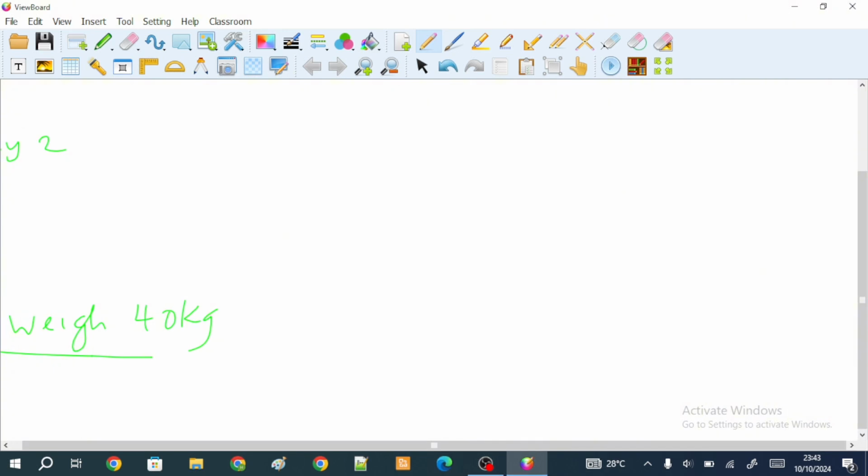Let's take for instance, if 4 people take 3 hours to complete a task. If there's a task to be done and 4 people are asked to do this task, if you increase the number of people for that same task, will it take more time or less time? Obviously, it's going to take less time. So the more people that do a particular task, the less time it is going to take to do that task.